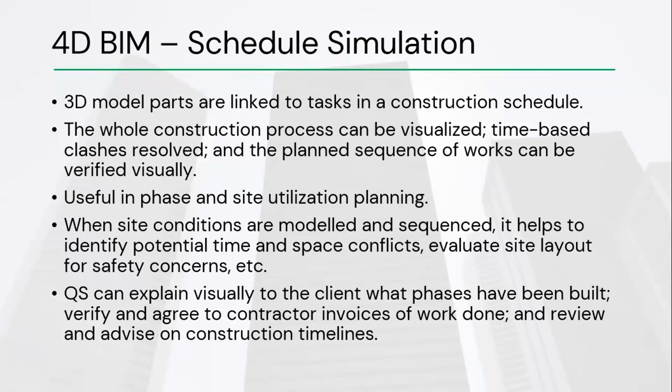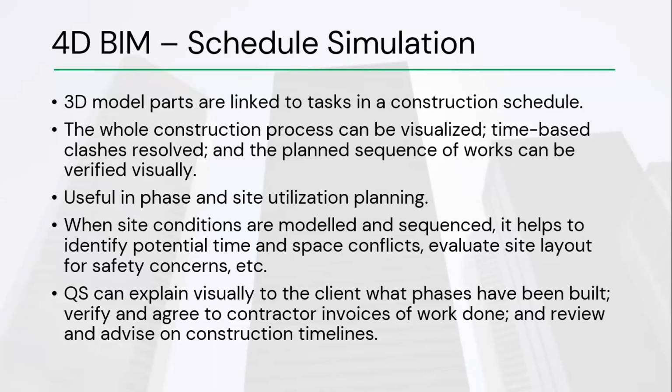Then there is site utilization planning. In this case, the information models are used to visualize the permanent and the temporary facilities on site during the multiple phases of the construction process. So we are able to link this model to the schedule, and we can see the space and sequencing requirements that are needed on site.